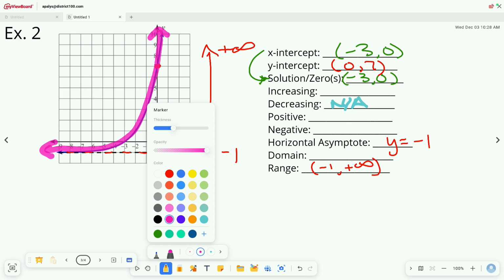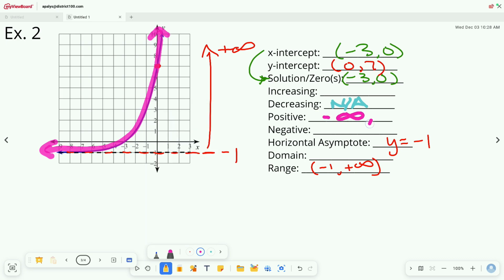So what is it, Zach? -infinity to +infinity.